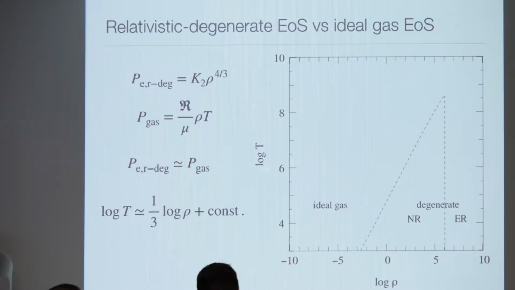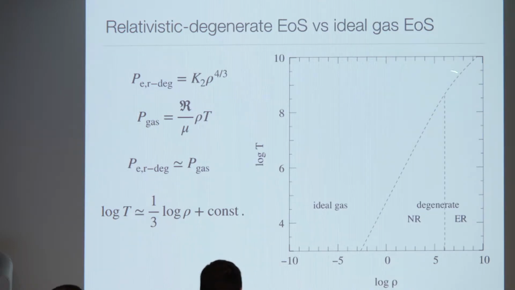We can, of course, do the same exercise for the relativistic degenerate pressure and the usual ideal gas pressure. Then we get that the temperature should be proportional to rho to the 1/3, and that will be dominating here.